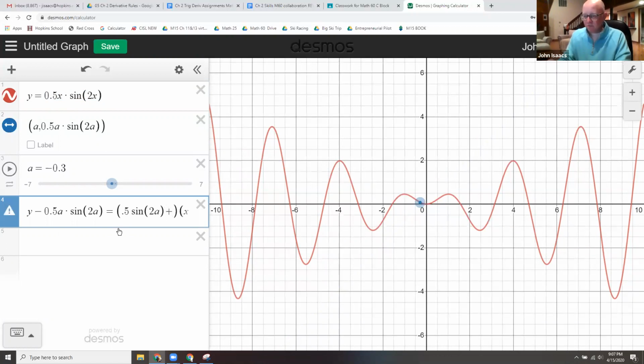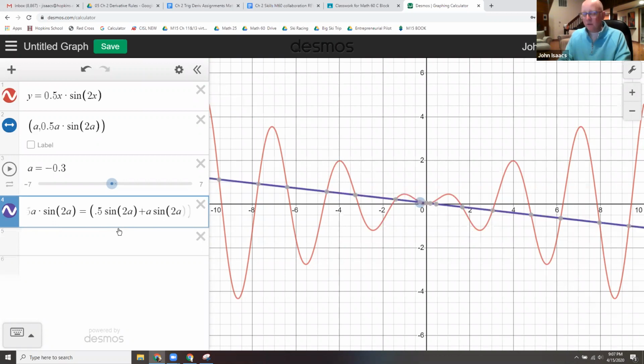Plus, so this is product where we have 0.5 sine 2a plus a, which would be x in your derivative, sine of 2x, except it's 2a. Okay, so the derivative of 0.5x times sine 2x is 0.5 sine 2x plus x sine 2x.